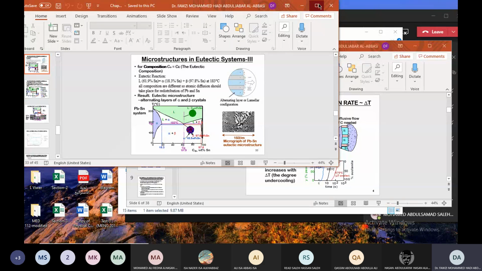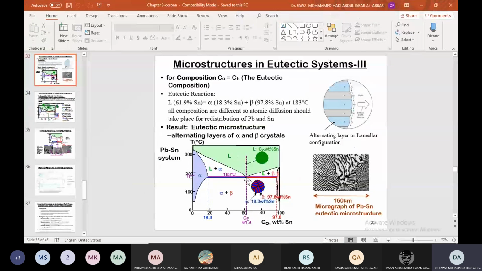The melting or solidification occurs across a point only. So this liquid needs to go from the liquid phase to 2 different solid phases, the alpha solid solution and beta solid solution. They need to go from a single liquid phase to 2 different solid phases.